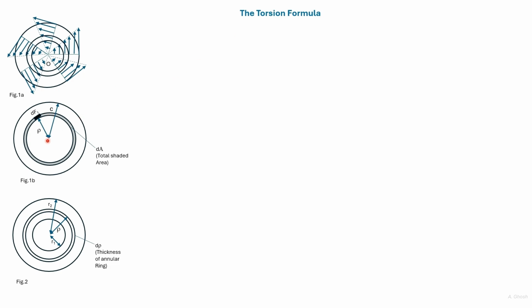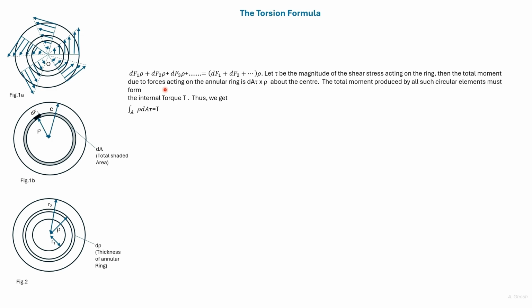In a similar manner, we can find forces of small portions of the arc throughout the circumference and find out their moments about the center. So the total moment that acts about the center due to stresses acting on this annular ring is dF1 plus dF2 plus other dFs into rho, which can be given as dA into tau into rho.